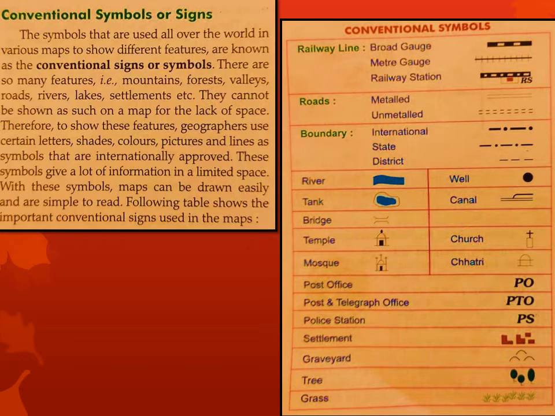So we have some of the conventional symbols which help us to draw the map easily and to read it in a simple way, and they are internationally approved.